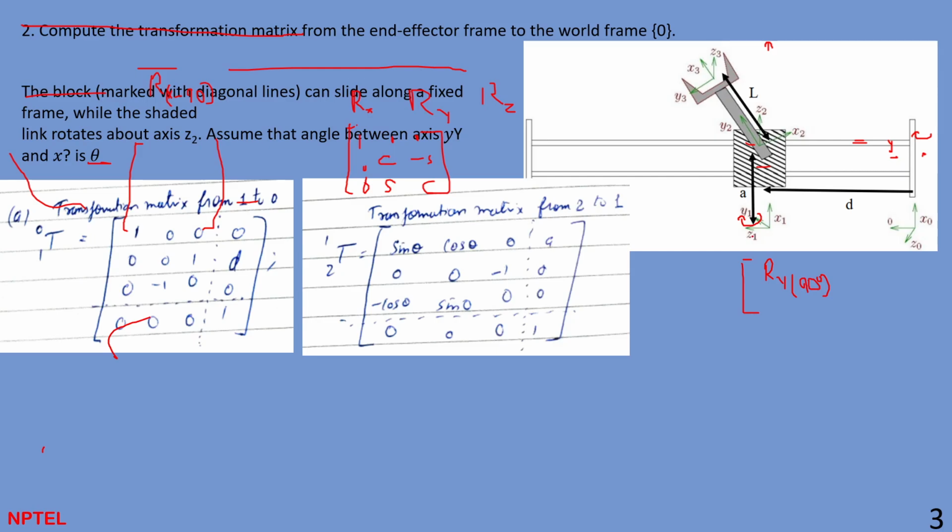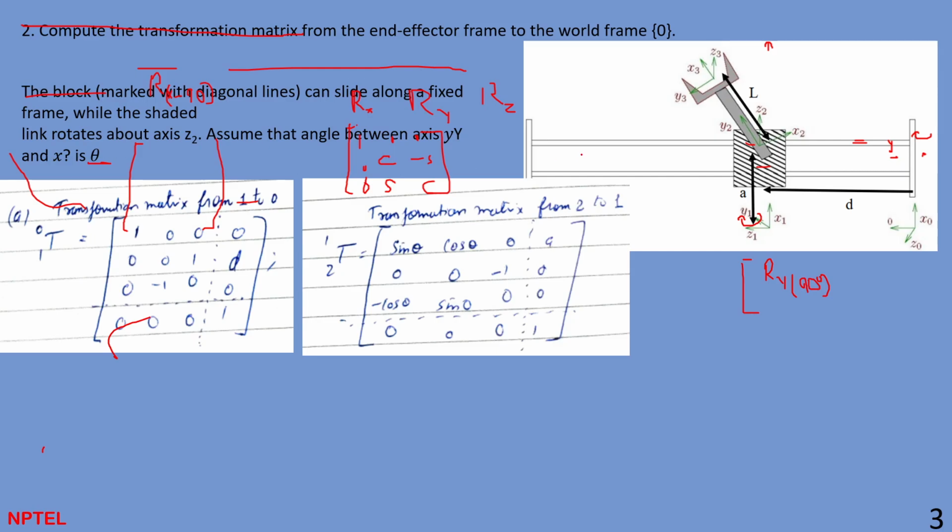After aligning your z1 with z2, you need to also rotate further. How to rotate? It has been written that there is an angle between y1 and x1, I think it is between y2 and x1, something like that.